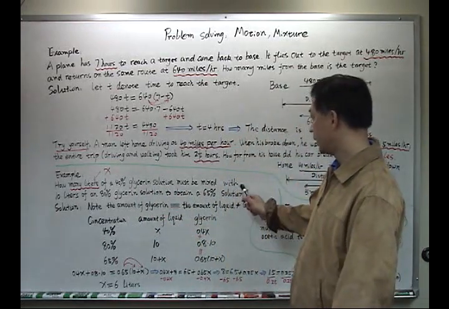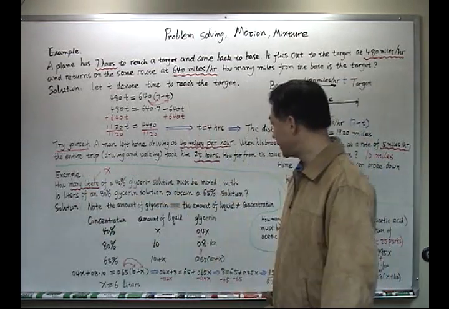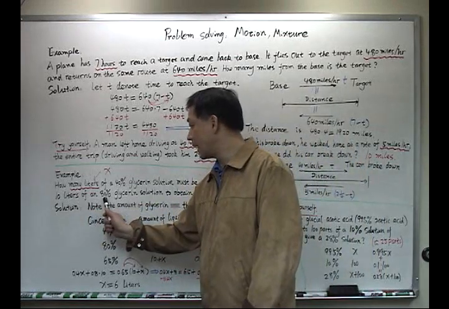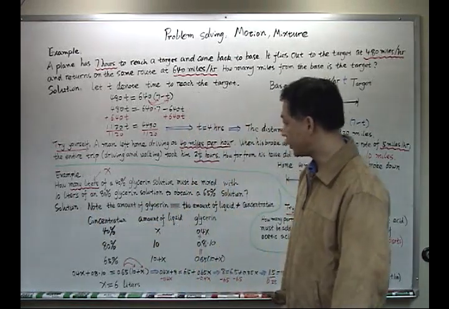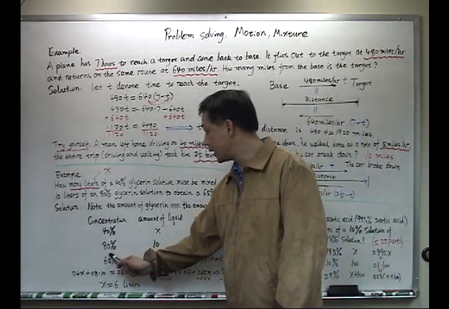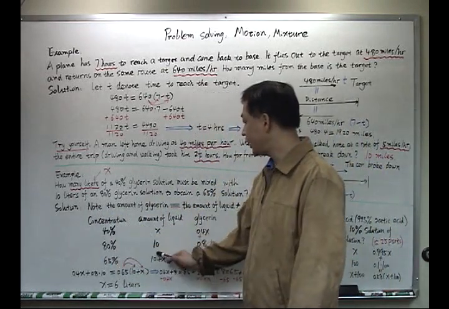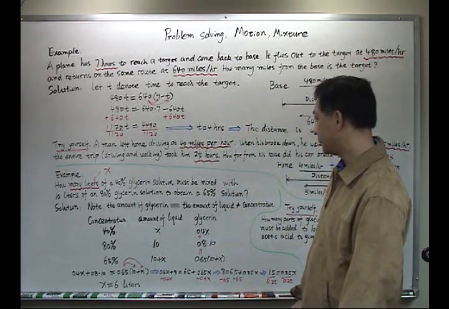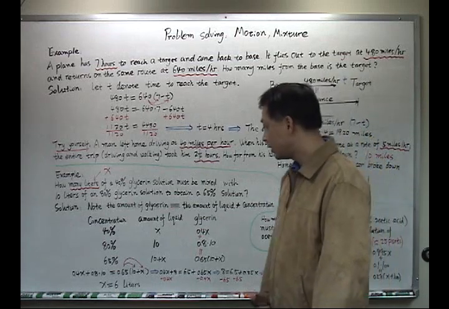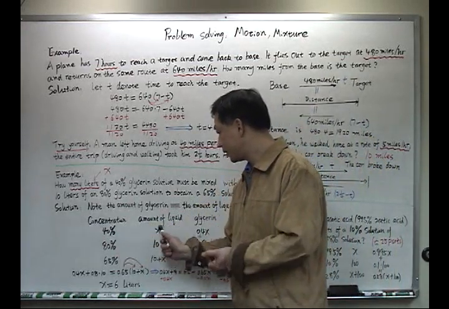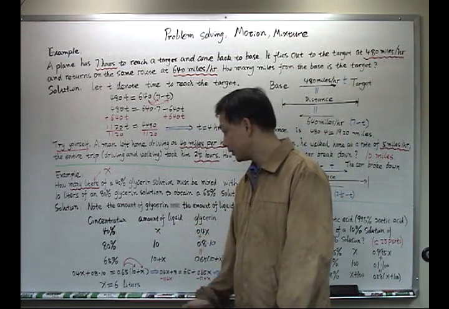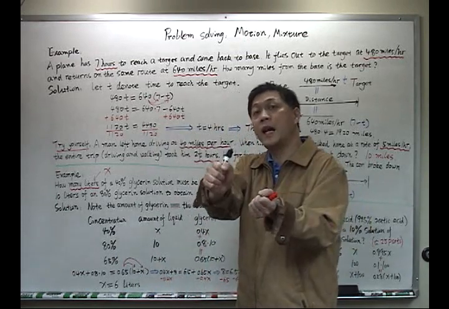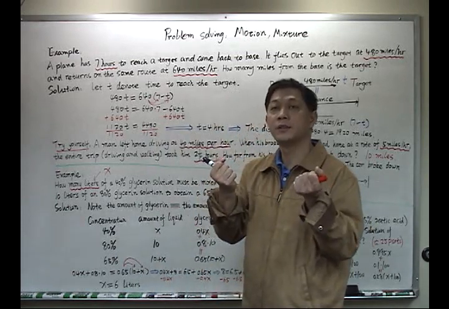But we do know the amount of glycerin must be mixed with 10 liters of 80% glycerin solution. So 80% glycerin solution has 10 liters. 40% is X liters, 80% is 10 liters. If you mix those two together, total is how many liters?